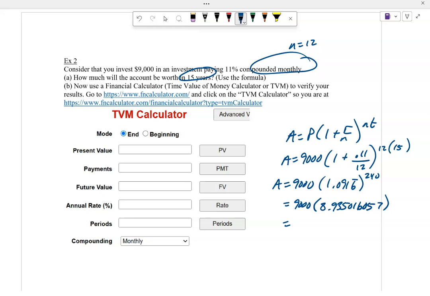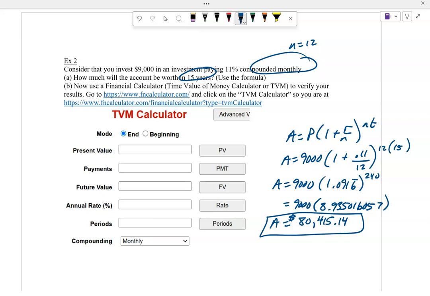Now, again, don't cut this off. Keep your decimals all the way out until the very end so you don't have rounding error. So putting 9,000 in with those scenarios, we'll end up with 80,415.14.